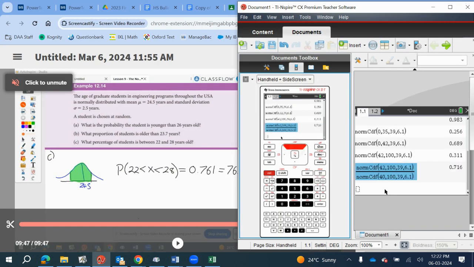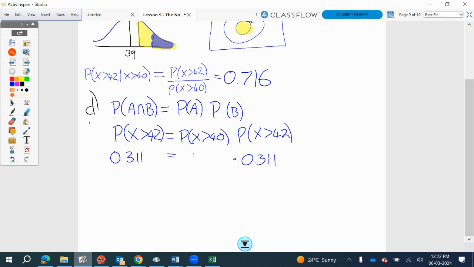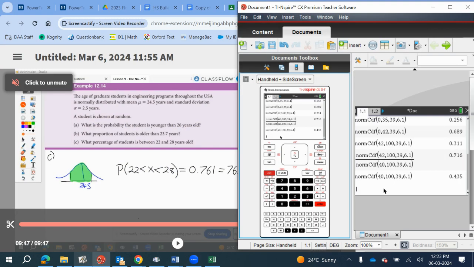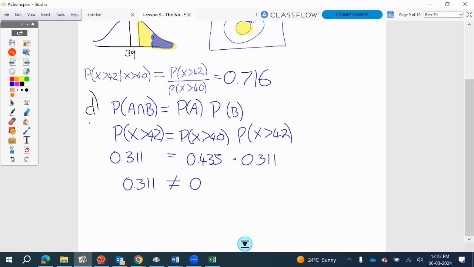And then we just need to calculate the probability that it's greater than 40, which is 0.435. We show that these two are not equal. So we take this number and multiply it by this number, and we get 0.135. Make the conclusion.